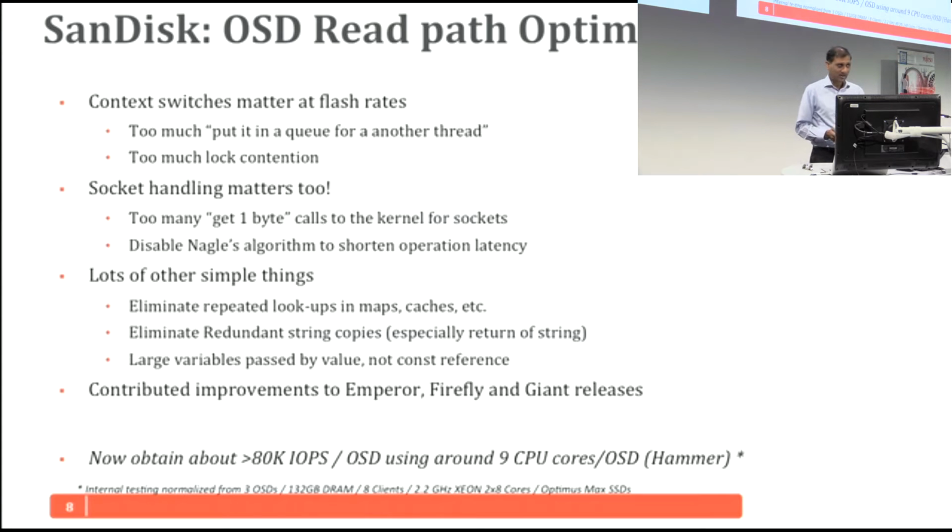And the other aspect is the socket handling. There are too many small I/O requests going into the kernel. That's something that we have eliminated, and we quickly disabled Nagle's algorithm inside Ceph. Primarily that made a lot of difference from the latency standpoint.